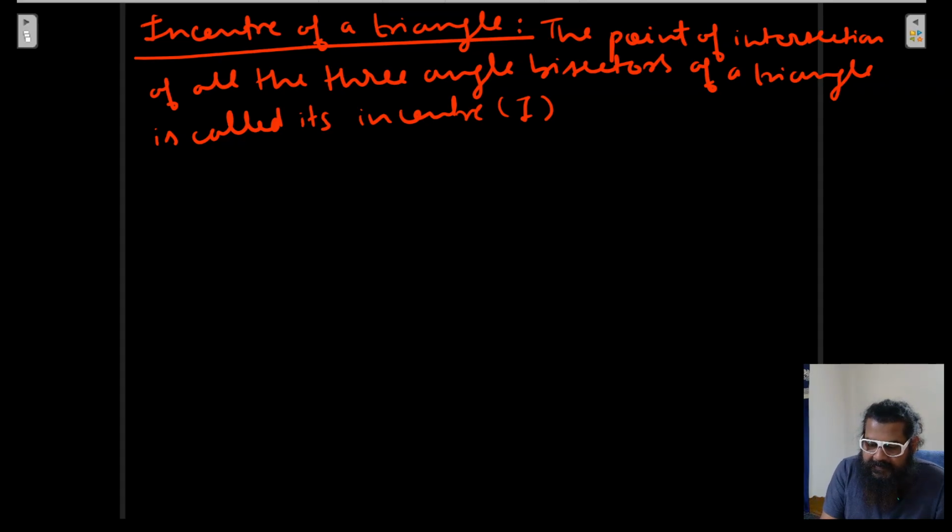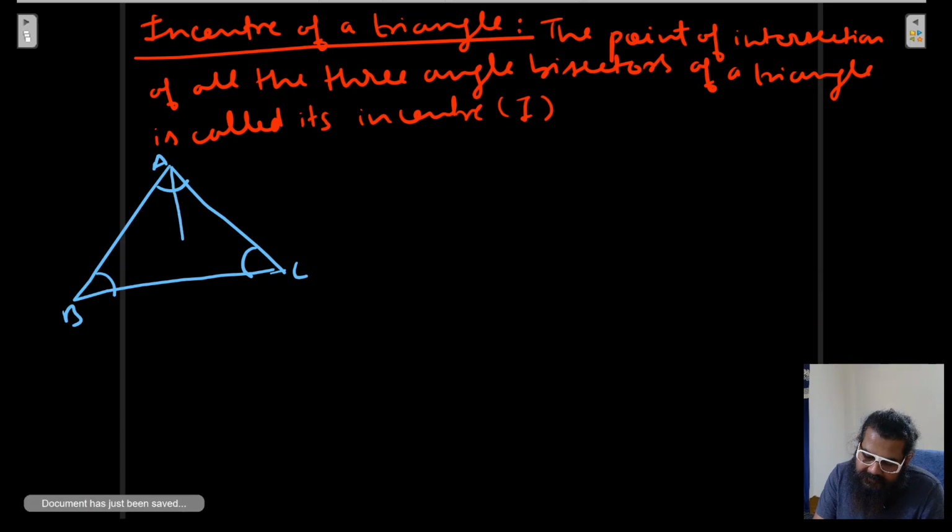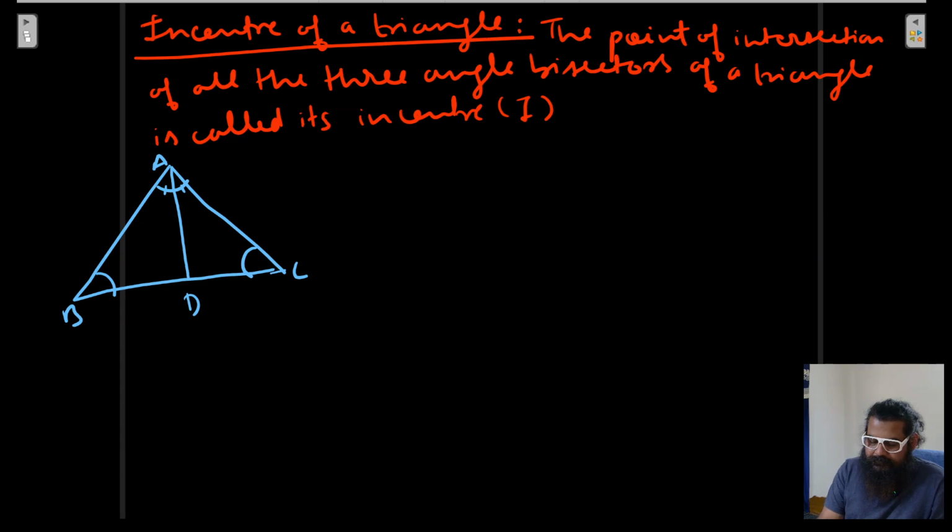So here if we draw a triangle, suppose this is triangle ABC, and these are the three angles, angle A, angle B, angle C. If we draw the angle bisector, it means we divide each of these three angles into two equal parts. Here this angle and this angle are both equal, or we can say angle BAD is equal to angle CAD.